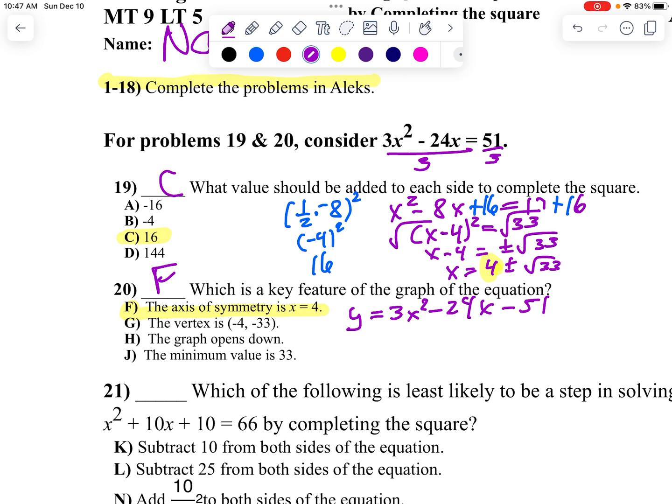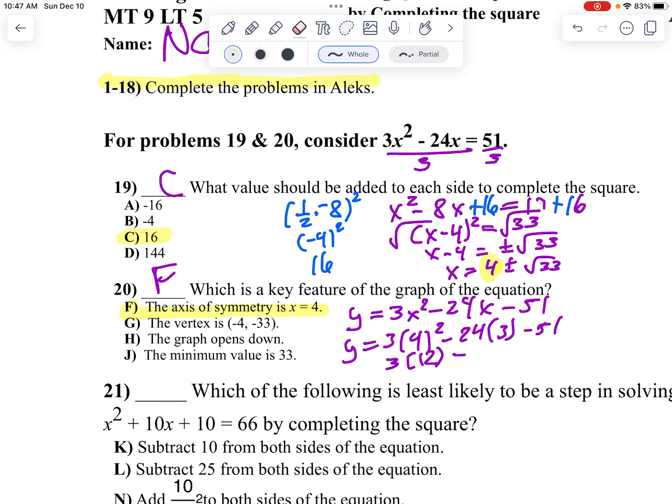And then to find the value of the vertex, y would be 3 times 4 squared minus 24 times 3 minus 51. Or 3 times 12, try that again. 4 squared is not 12. 4 squared is 16. 24 times 3 is 72 minus 51. So that's 48 minus 72 minus 51.